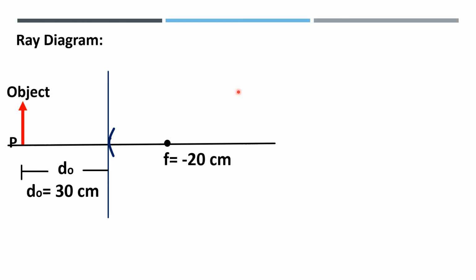So there you are. The broken line represents the reflected ray that seems to come from, or appears to emanate from, the focus.